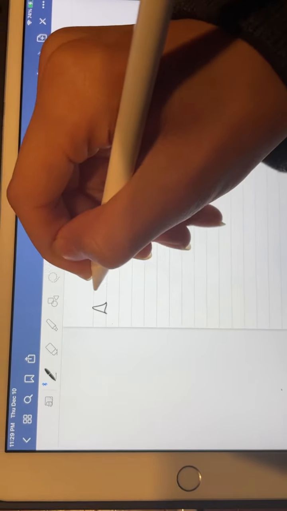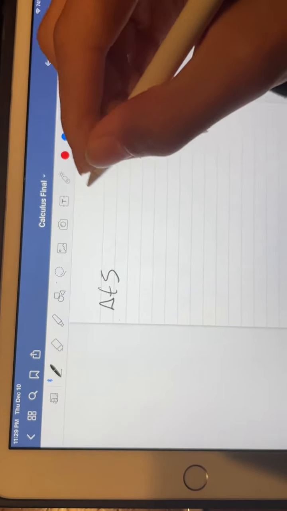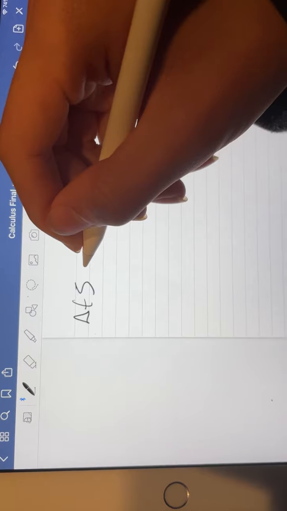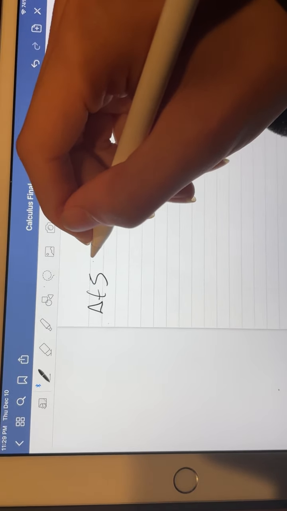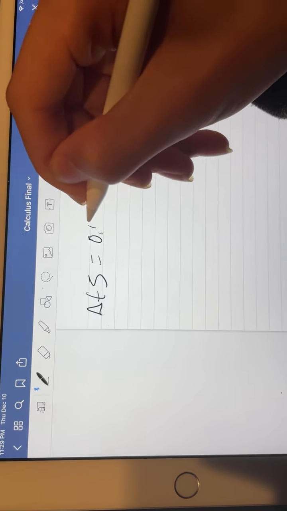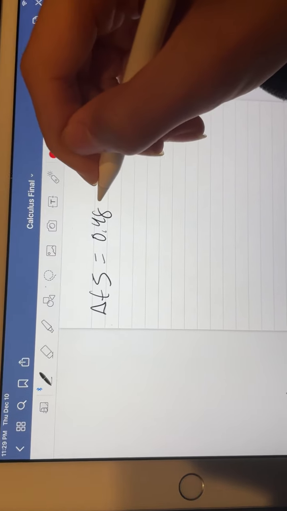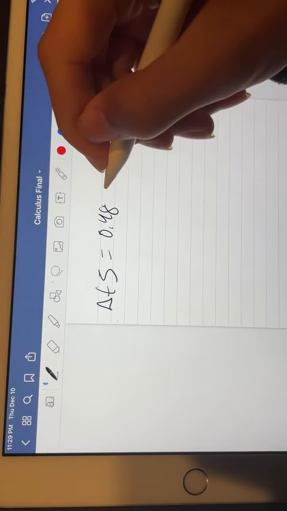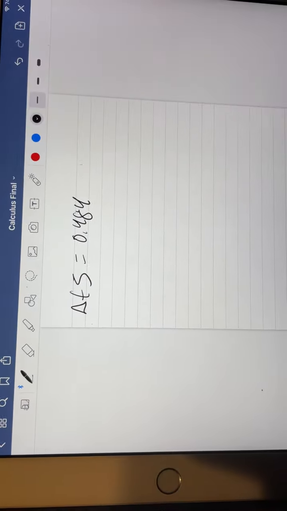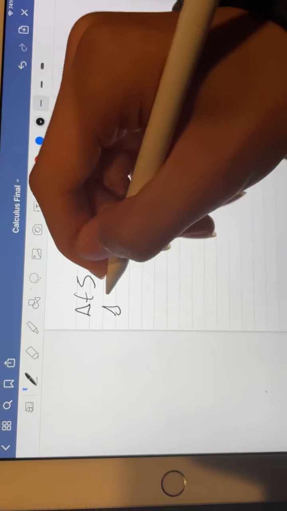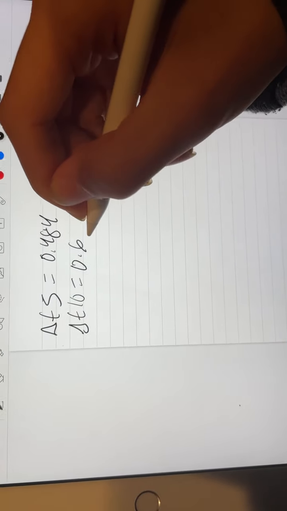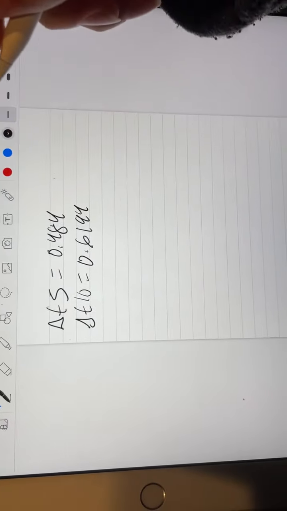So for the delta of 5, the height from the graph would be 0.484, and then that's for 10, and then for 10, plugging in the same equation from the same graph, it would be 0.6194.